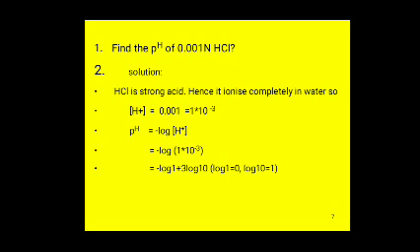Now the pH of the solution with 1 into 10 to the power of minus 3 N. Using the formula log m into n equals log m plus log n, minus of log 1 plus log 10 to the power of minus 3. Log a to the power of x is equal to x log a.